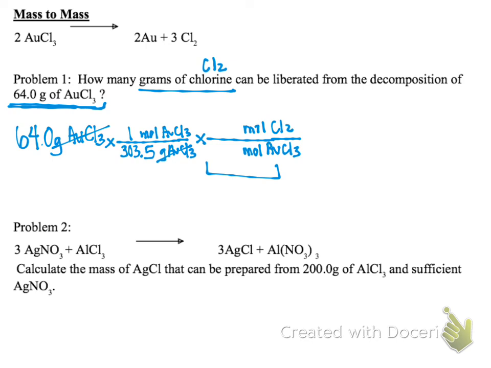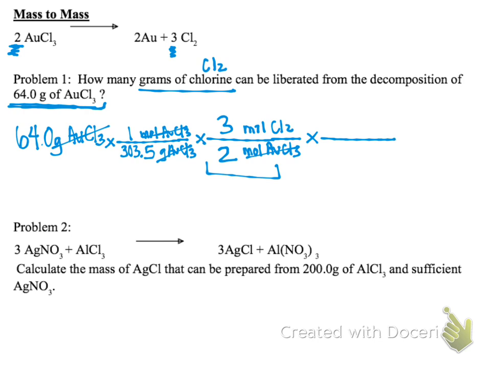If you look back at your equation, you have 2 moles AuCl3 and 3 moles Cl2. So those are your numbers. 2 moles AuCl3, 3 moles Cl2. Your units that are diagonal are going to cancel out moles AuCl3. You are left with moles Cl2, but it is asking for grams, so we have to do one more step.